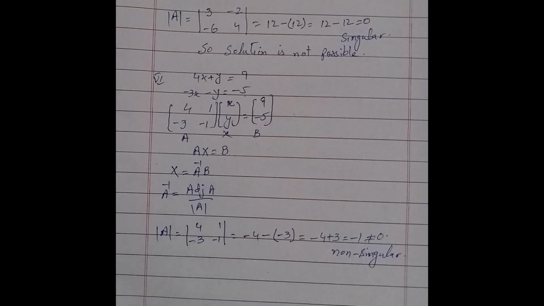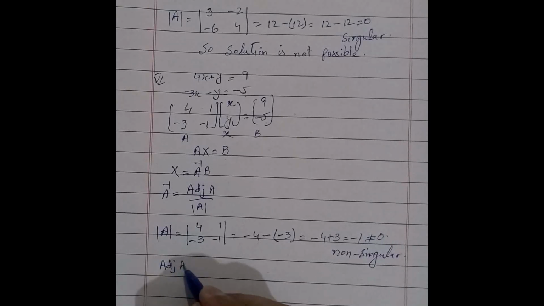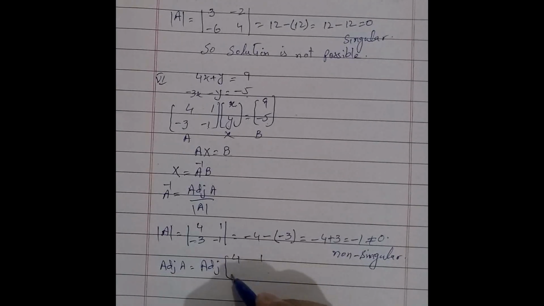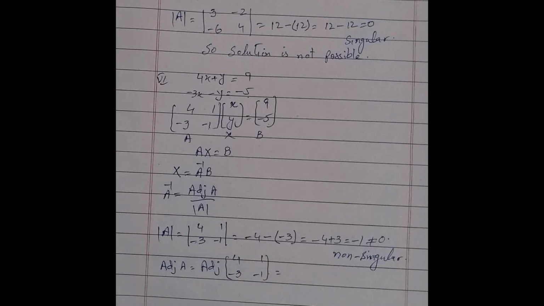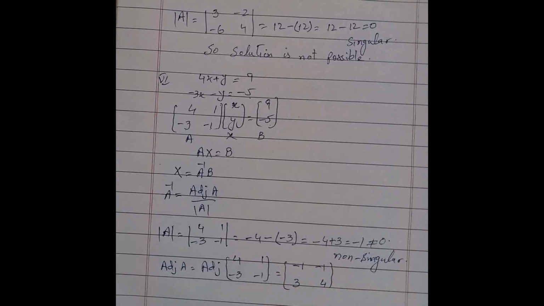Before finding A inverse, we find adjoint A. The value of A is 4, 1, -3, -1. Apply the adjoint formula. We get -1, -1, 3, 4. This is the adjoint of A. Now put the values of adjoint A and the determinant of A in the formula.